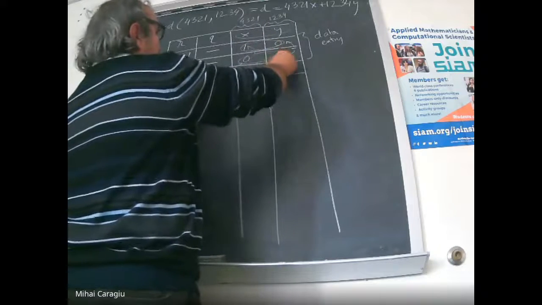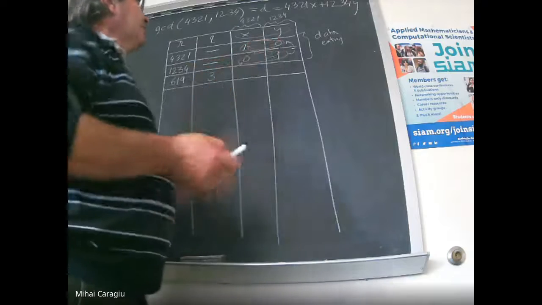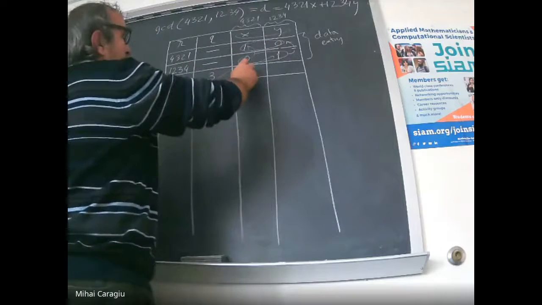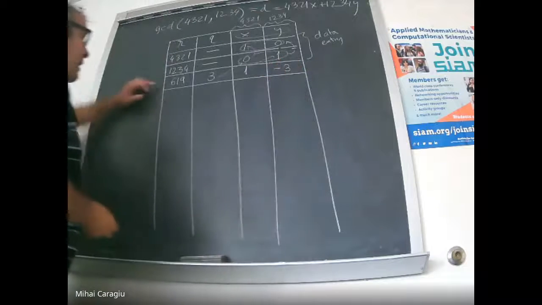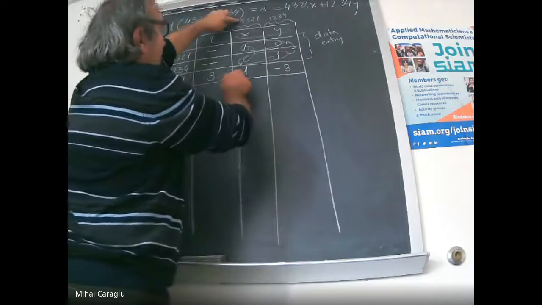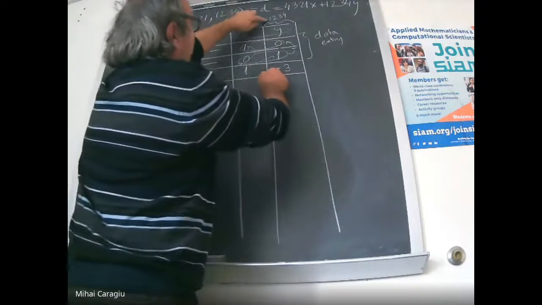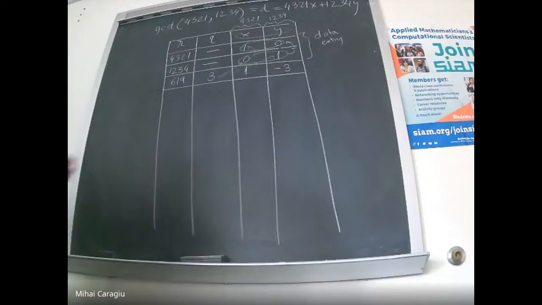Multiply this one by 3, subtract from the value of y two steps before. So how to update now? It's 1 and minus 3. How to read this row? 691 equals 4,321 times 1 minus 3 times 1,234, which is exactly the substance of this division with remainder of the big number by the small number.